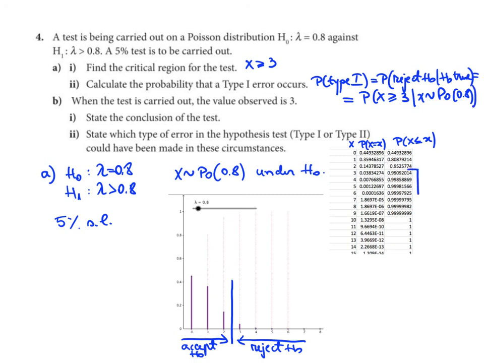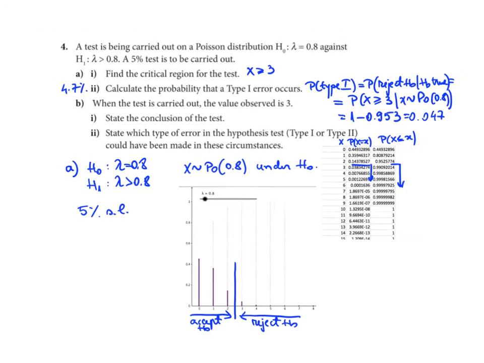So it's the sum of all these numbers from here. So it's going to be 1 minus 0.953, which gives me 0.047. So your probability of a type 1 error is 4.7%.